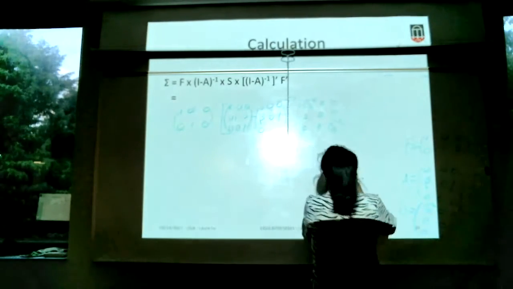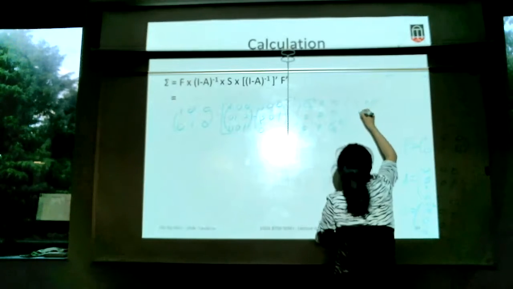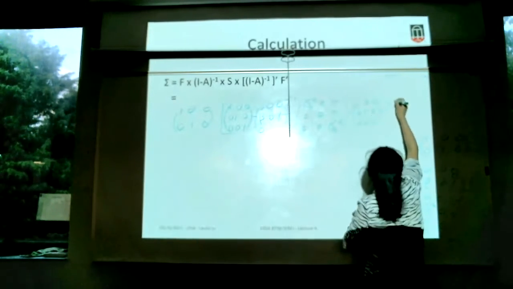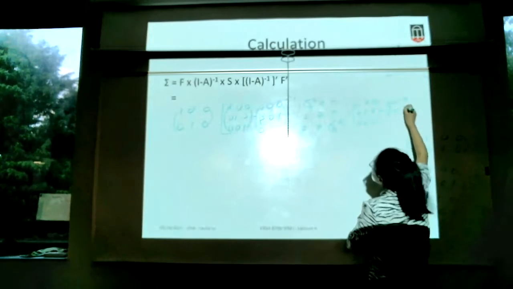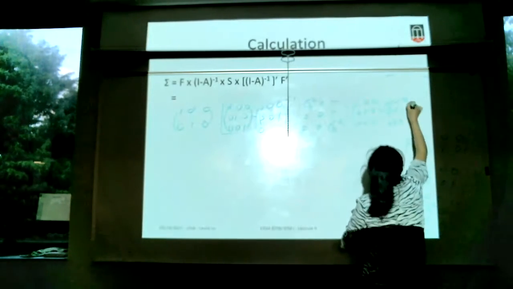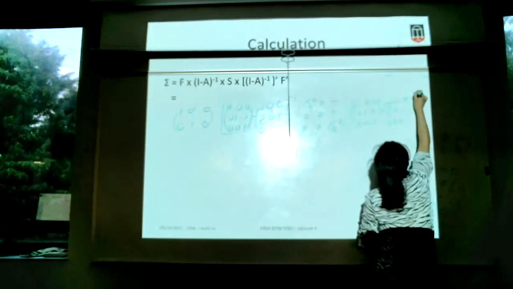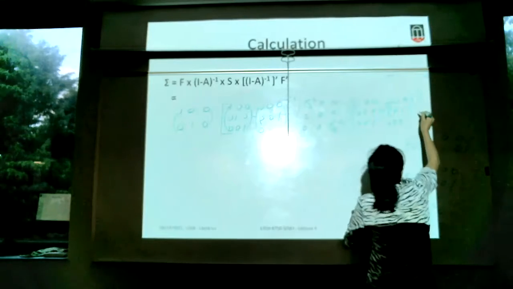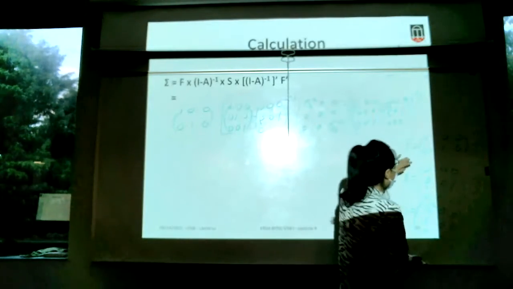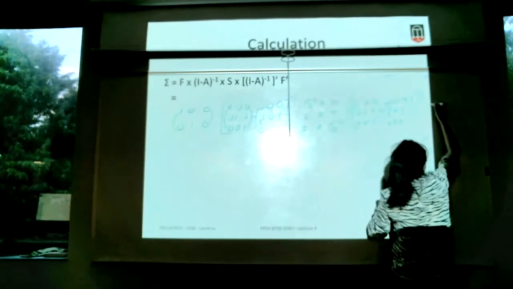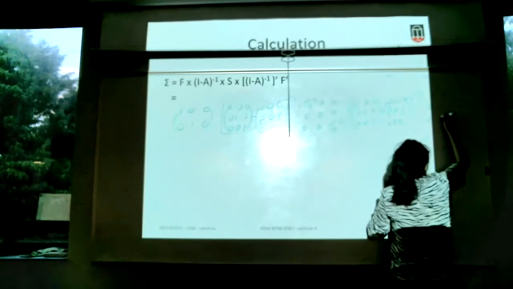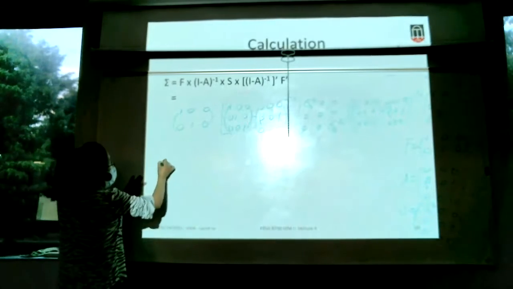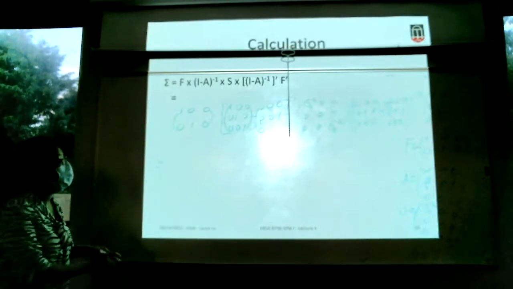We're going to repeat it again. There's the identity matrix, minus the A here, and the inverse and the transpose. Then we multiply by the transpose of F. F is here, and so is its transpose. The next part is just the matrix algebra.